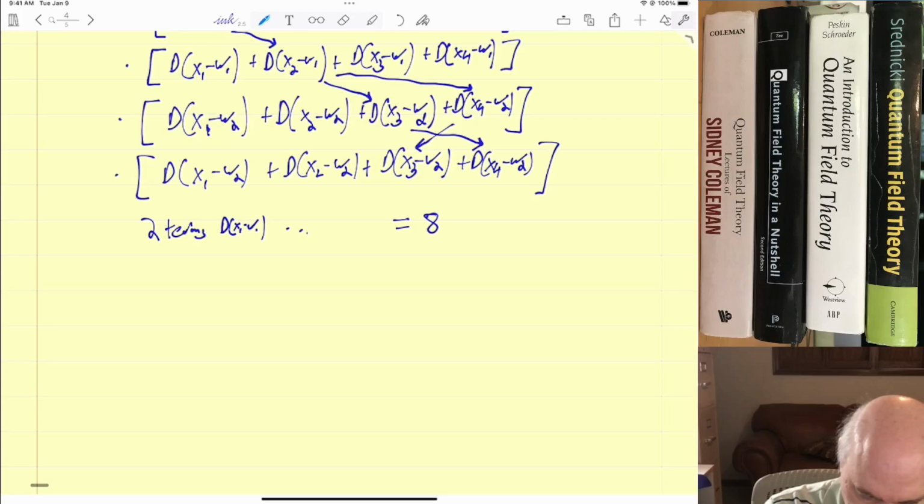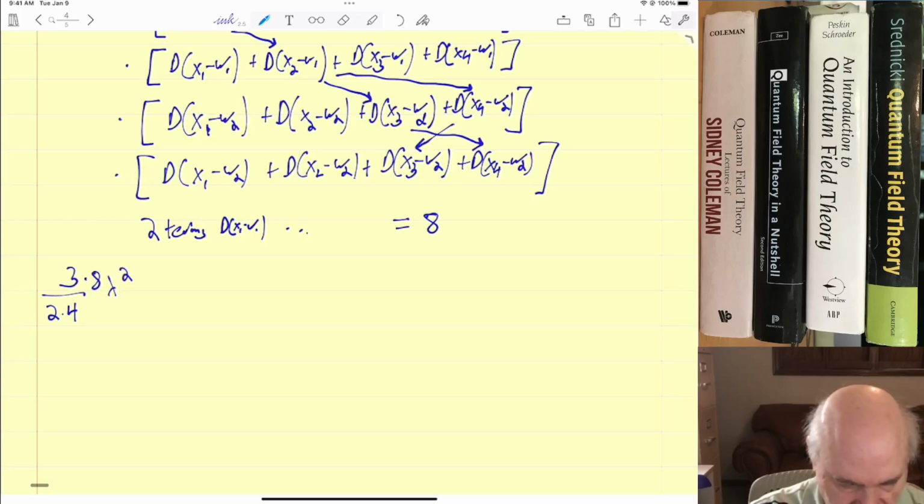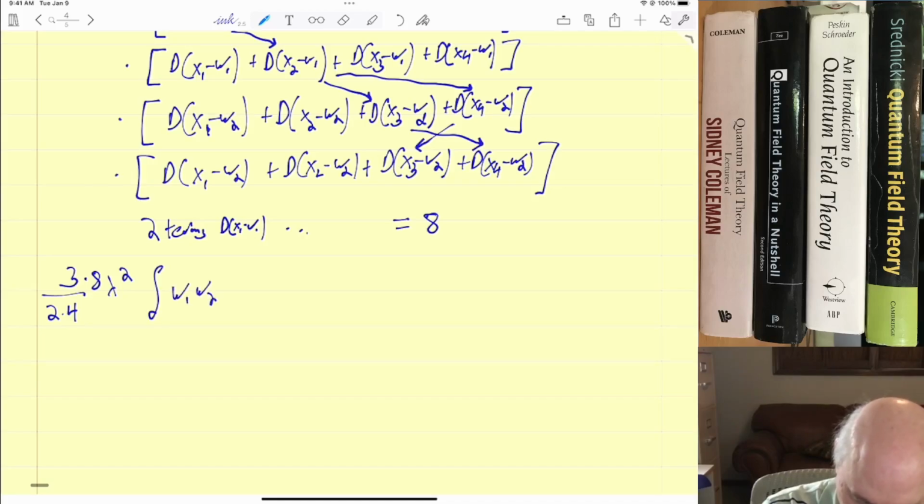So I get 3 over 2 times 4 factorial times 8 times lambda squared times the integral, and 4 factorial is 24. So this is equal to 1/2. That's the symmetry factor that we wanted.